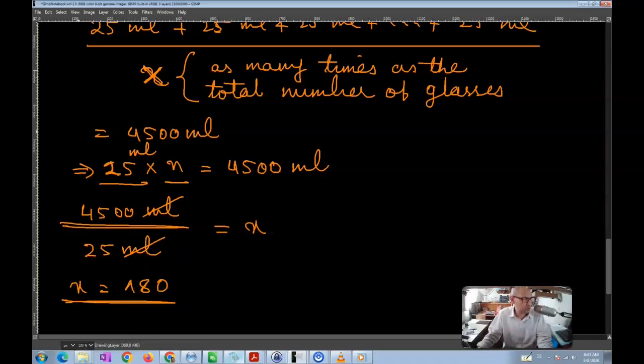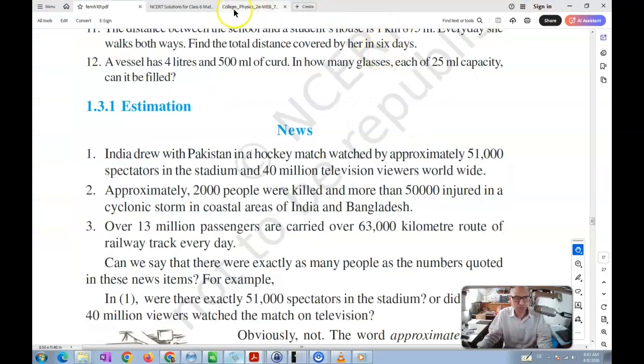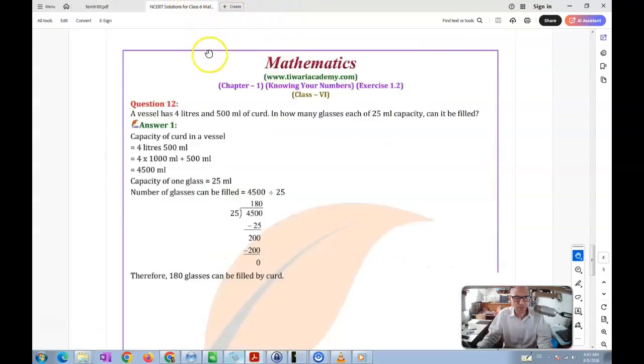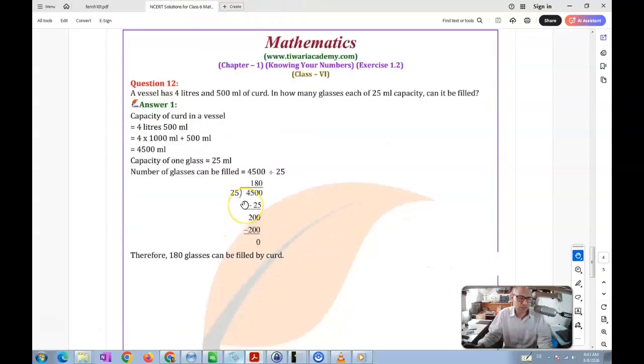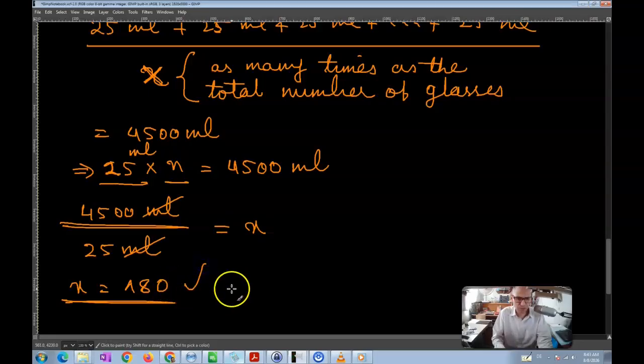And you can see over here that 180 glasses can be filled by curd. 180 glasses.